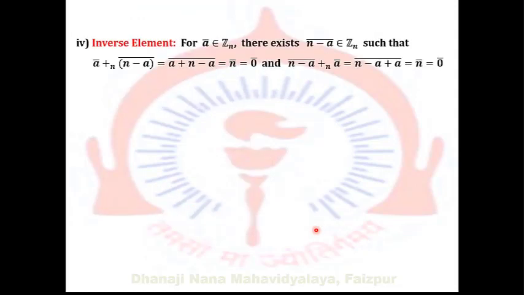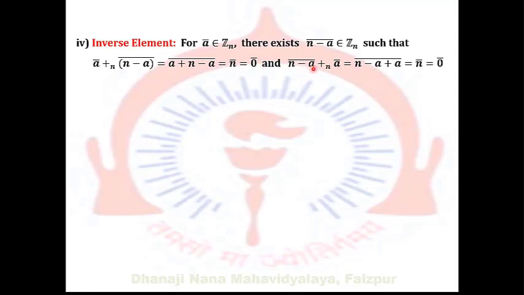For inverse, let a bar belongs to Zn, then there exists n minus a bar belongs to Zn such that a bar addition modulo n n minus a bar is nothing but equal to a plus n minus a bar, that is equal to n bar, and we know that n bar is nothing but equal to 0 bar, because if we divide n by n, the remainder is 0. So n bar is equal to 0 bar.